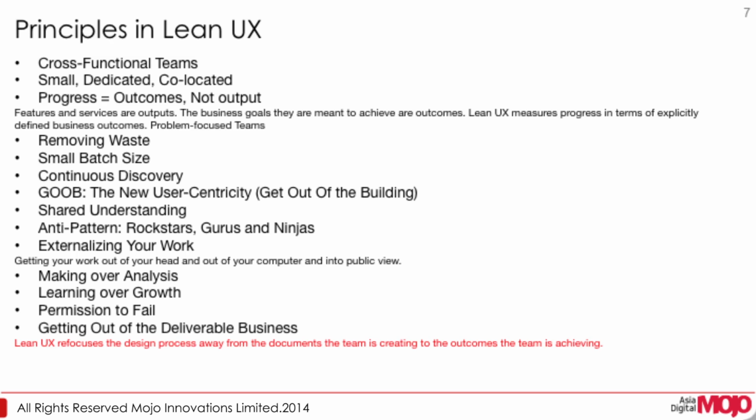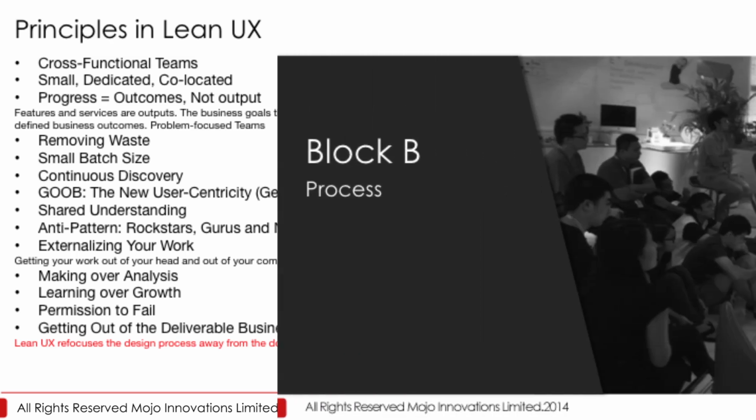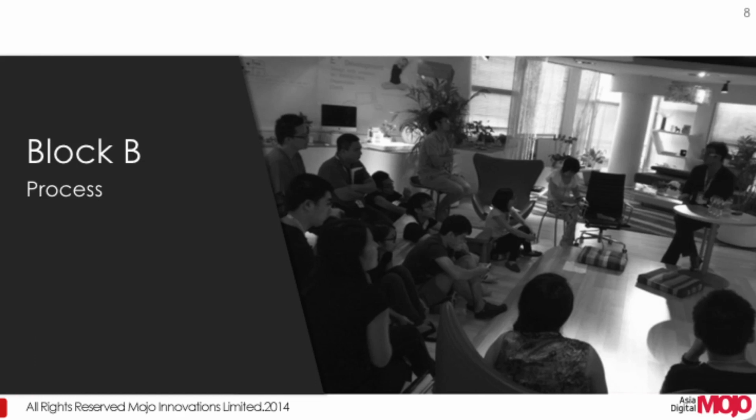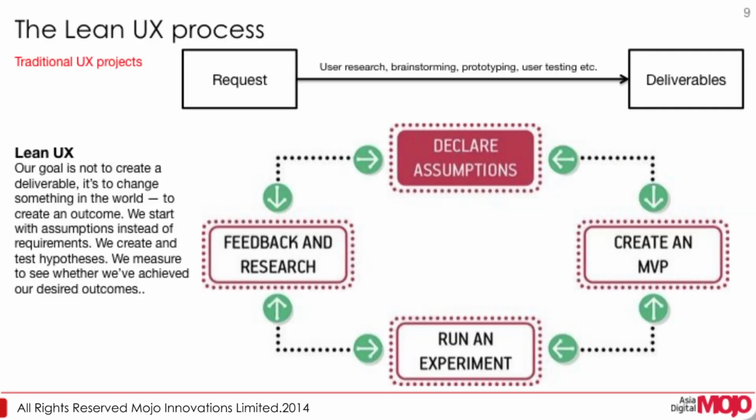So what exactly is the process of Lean UX? In traditional UX projects, we start from a request from a client or users, and by doing user research, brainstorming, prototyping and user testing, in the end we achieve some deliverables for the client. But in the Lean UX approach, our goal is not to create deliverables.